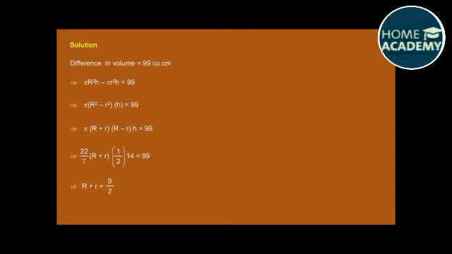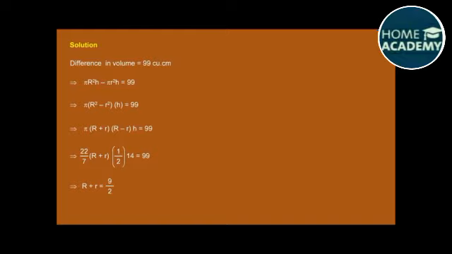Solution. Difference in volume is equal to 99 cubic centimeter. It implies pi capital R square h minus pi small r square h is equal to 99. It implies pi into capital R square minus small r square into h is equal to 99.